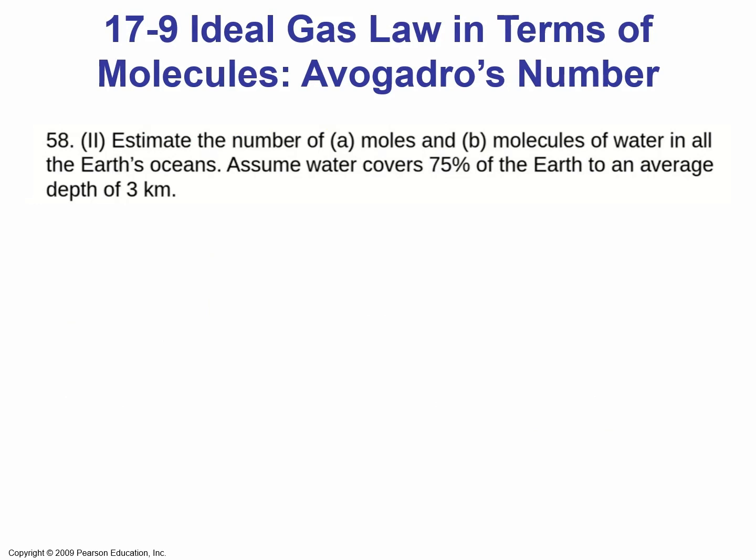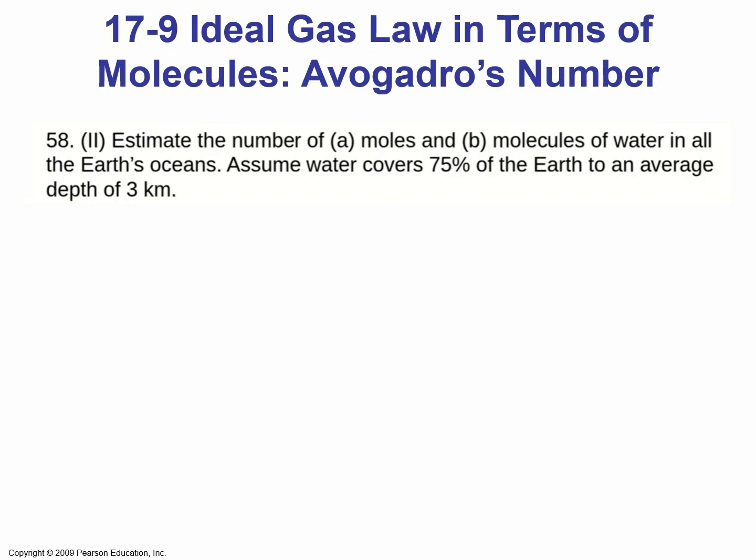Okay, now let's take a look at problem number 58 from the book. Estimate the number of A, moles, and B, molecules of water in all the Earth's oceans. Assume water covers 75% of the Earth to an average depth of 3 kilometers.